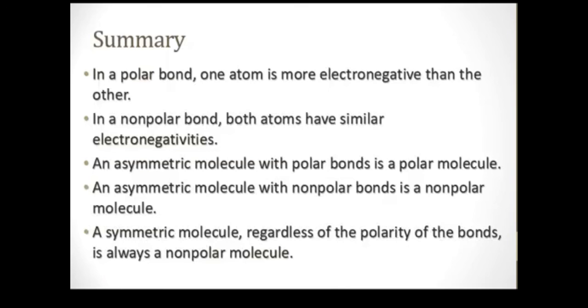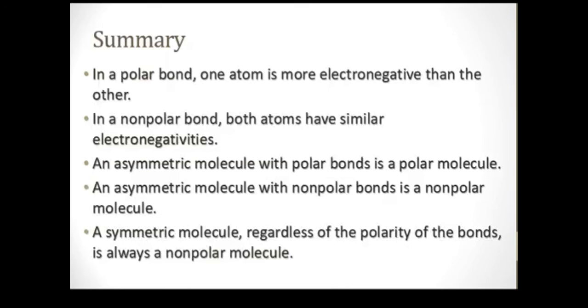Okay, let's go over a quick recap. Remember to pause the video and put this in your notes. Number 1, polar bonds are your unequal share of electrons. This means that one atom is more electronegative. Whereas your nonpolar bonds have similar electronegativities. This is your equal share of electrons.